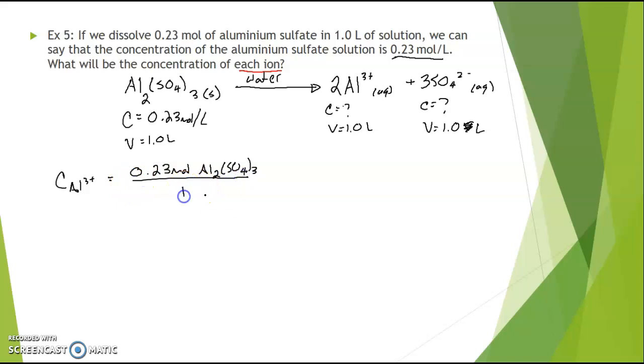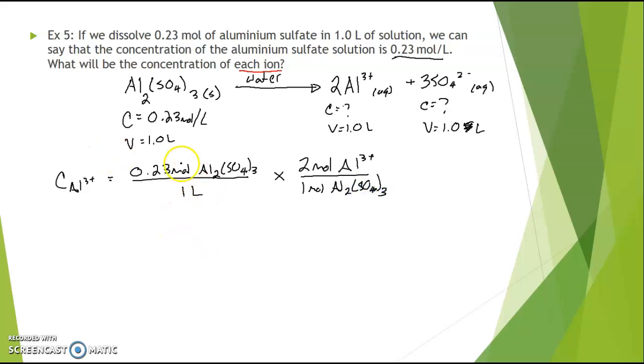We have 0.23 moles for every 1 liter of aluminum sulfate. And we can see there's a ratio here: 1 of these for every 2 of these. The next part is our mole ratio. There's 2 moles of aluminum ions for every 1 mole of aluminum sulfate.